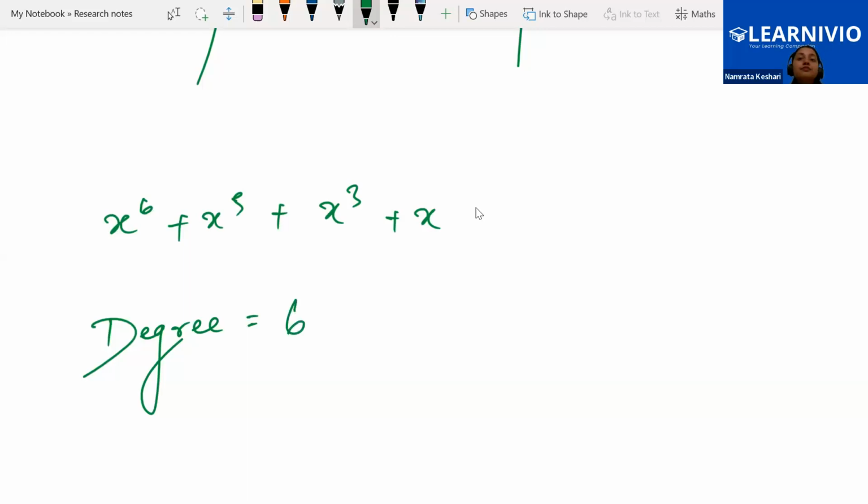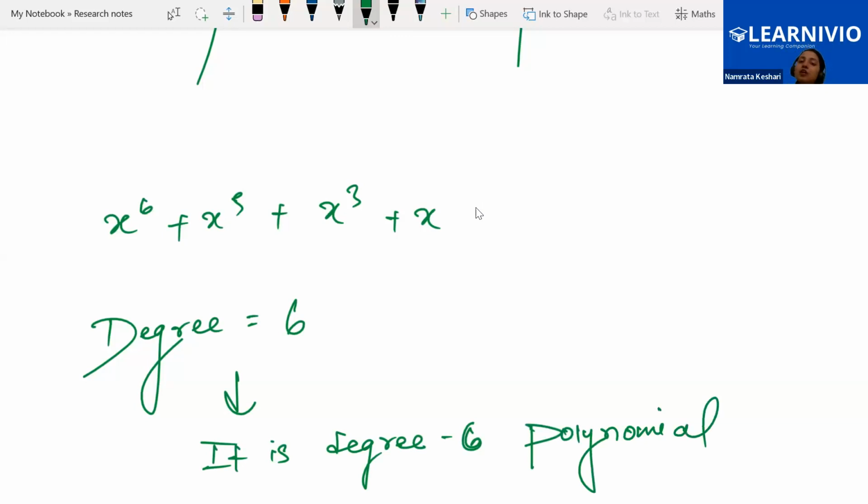And if the question also asks us to write the name of this polynomial, we will say it is a degree 6 polynomial, because we don't have to learn the names after 4.